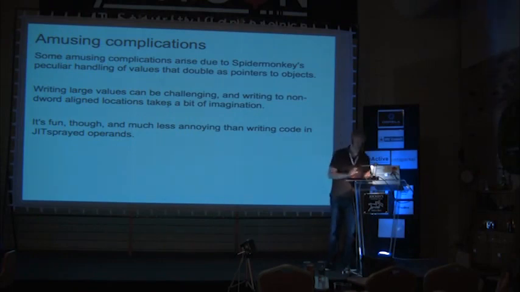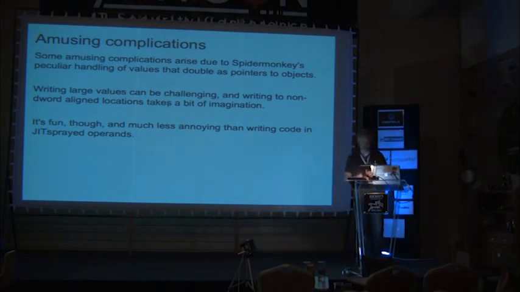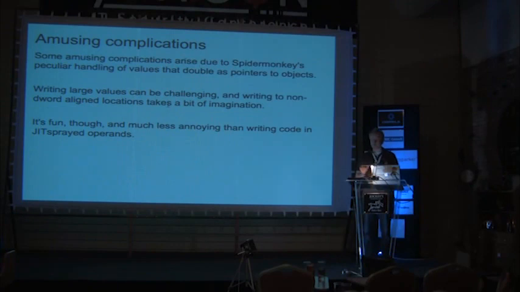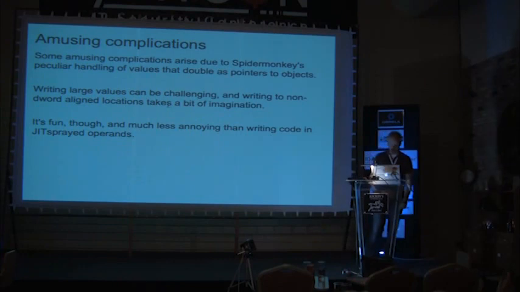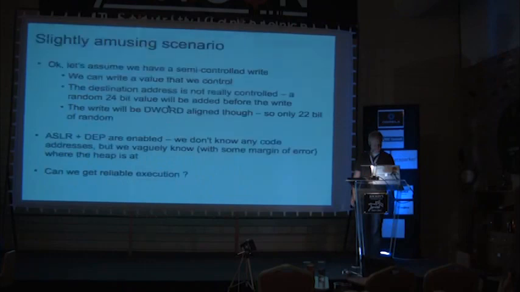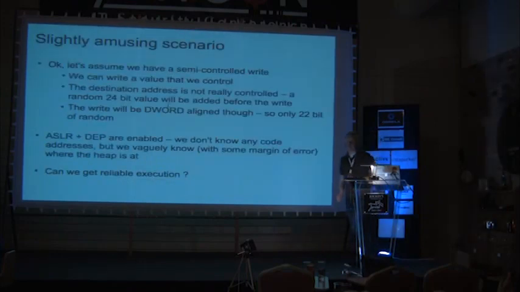It's difficult and it's complicated, but you can essentially do whatever you want. There's a lot of weirdness because the SpiderMonkey interpreter encodes type information in the least significant bits. So writing certain values can be tricky, but in general, it's quite doable. Now, so let's assume the worst possible bug from hell.